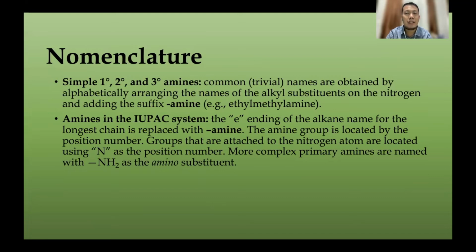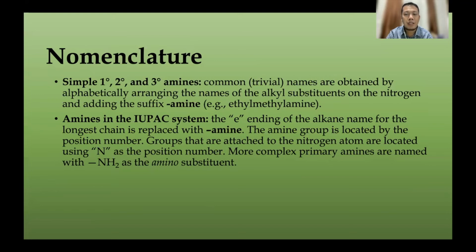Unlike the previous discussion about the other functional groups, only in amines and amides will you notice that you can use the letter N to tell the position of the substituent instead of writing 1, 2, or 3, indicating the position of the carbon. In this case, N is the position of the nitrogen.